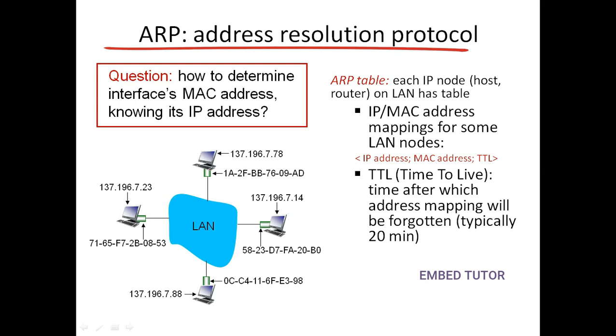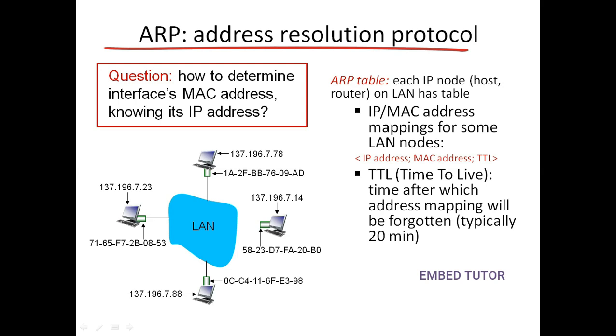So the ARP reply will contain 71-65-F7-2B-08-53 as its MAC address. When the ARP reply is received by the machine that initiated the ARP request, it will be able to map the IP address to the corresponding MAC address.